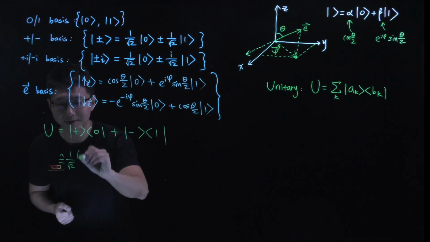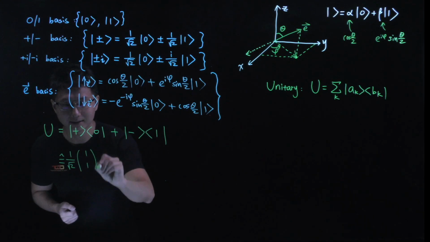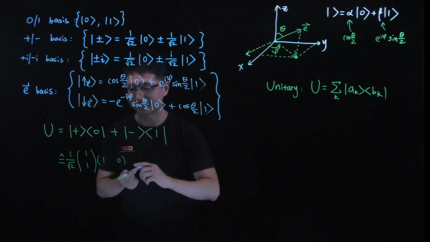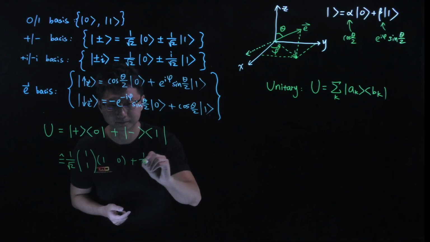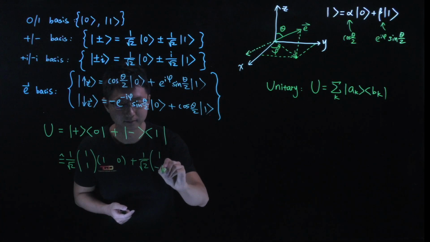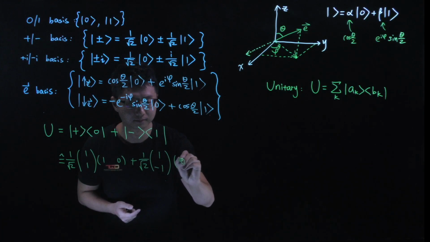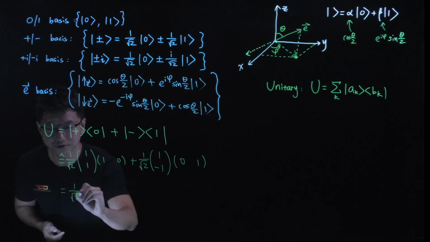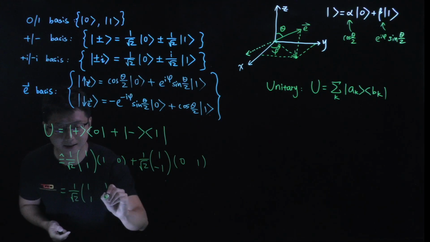So for the plus, we have 1 over root 2 of 1 and 1. And for the 0 bra, we have 1, 0. And similarly for this term over here. Working out this matrix, we have 1 over root 2 with 1, 1, 1, and minus 1.